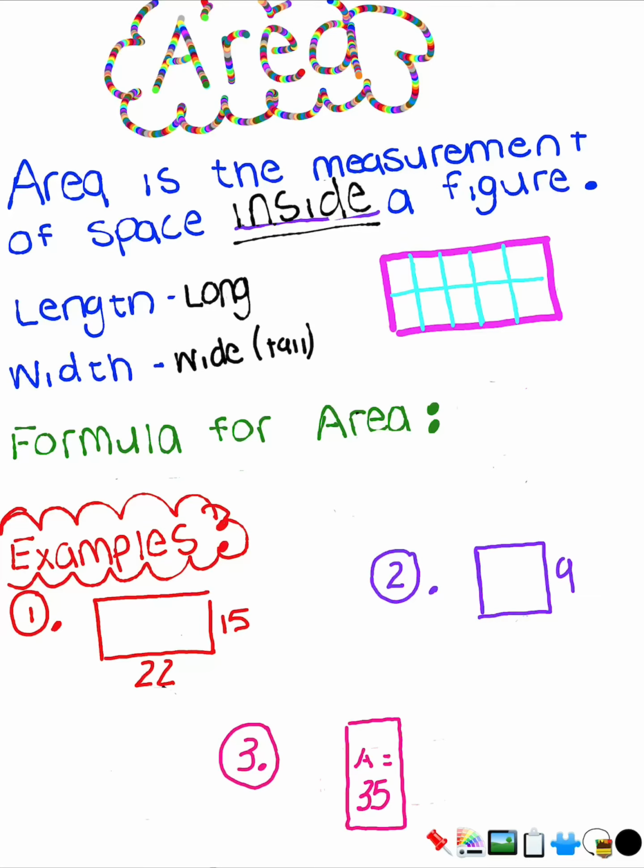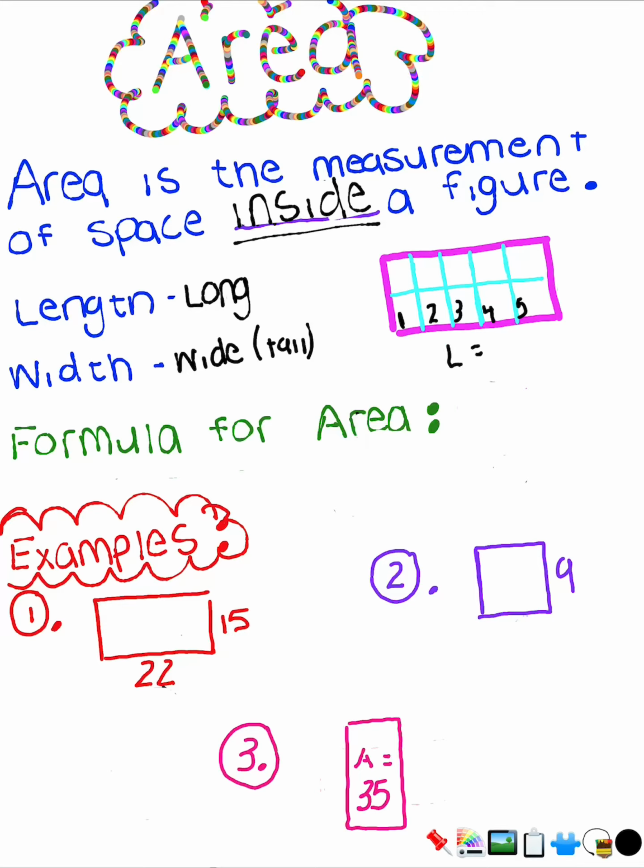So let's look at this rectangle that I drew over here on the side. So I'm going to find the length and width of this rectangle. If you notice, there's some squares in there. So let's see how long this rectangle is. Well, it is 1, 2, 3, 4, 5 squares long.